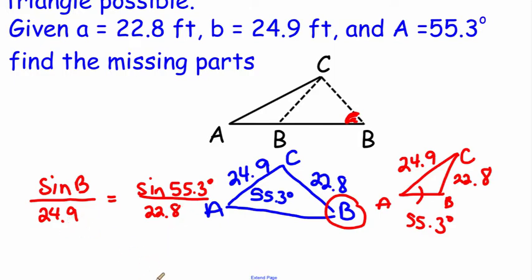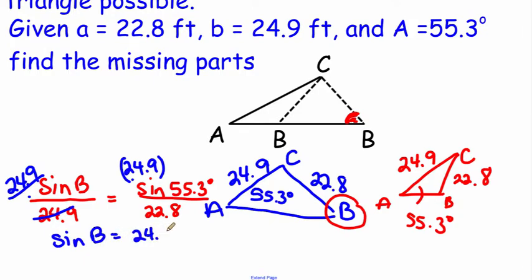Now, if I want to solve this for sine of B, I'm going to multiply both sides by this 24.9, and those are going to cancel. And I'm going to get that the sine of B is equal to 24.9 times the sine of 55.3, all divided by 22.8.